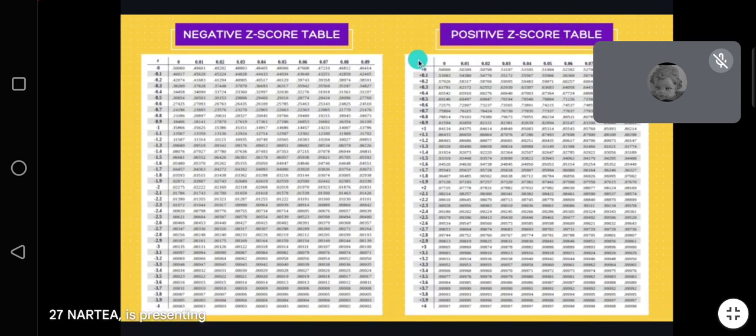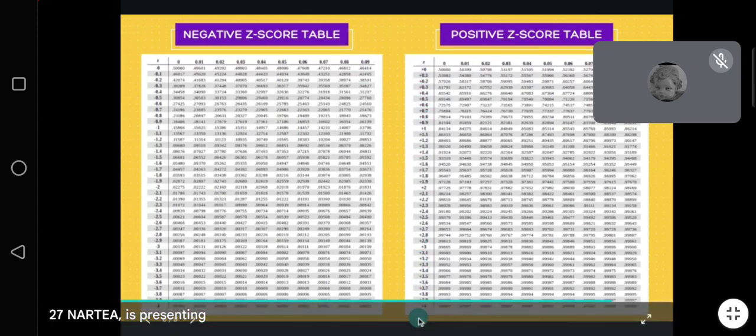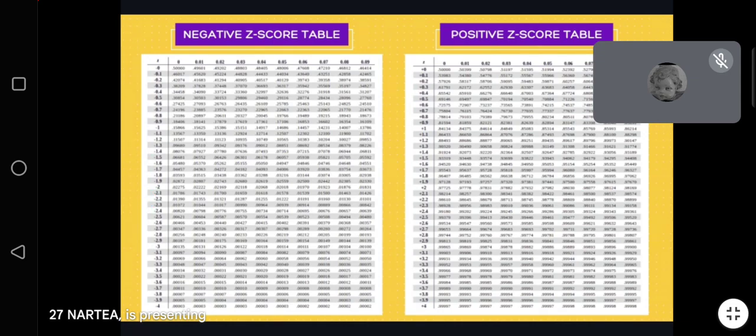Here, in the corner, we have the z-value at the top and at the left side of the table. The left side gives the first decimal number of the z-score, and the top gives the second decimal number of the z-score. So let's say we're going to compute for 0.25, we look at 0.25 in the positive z-score table.